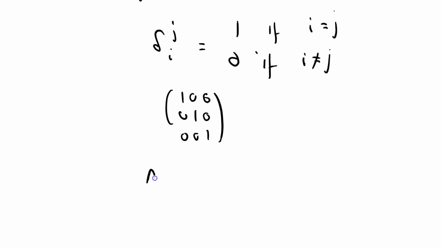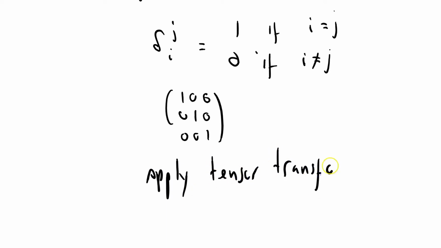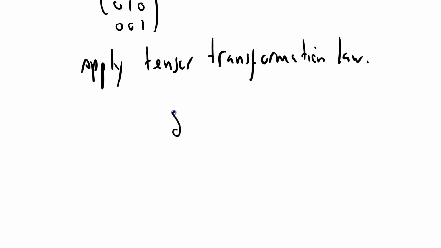What I'm going to do is apply the tensor transformation laws and see what we get. So what is delta ij bar equal to?